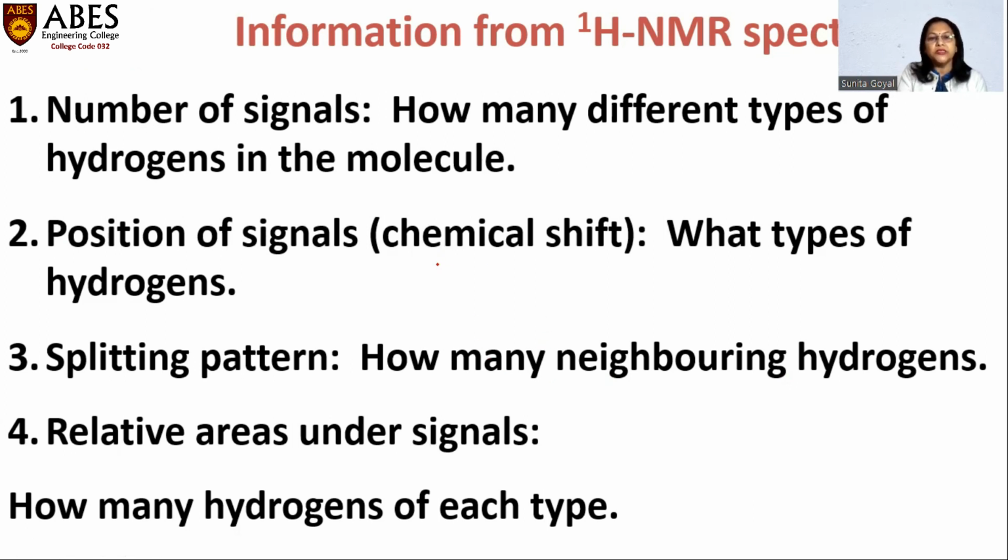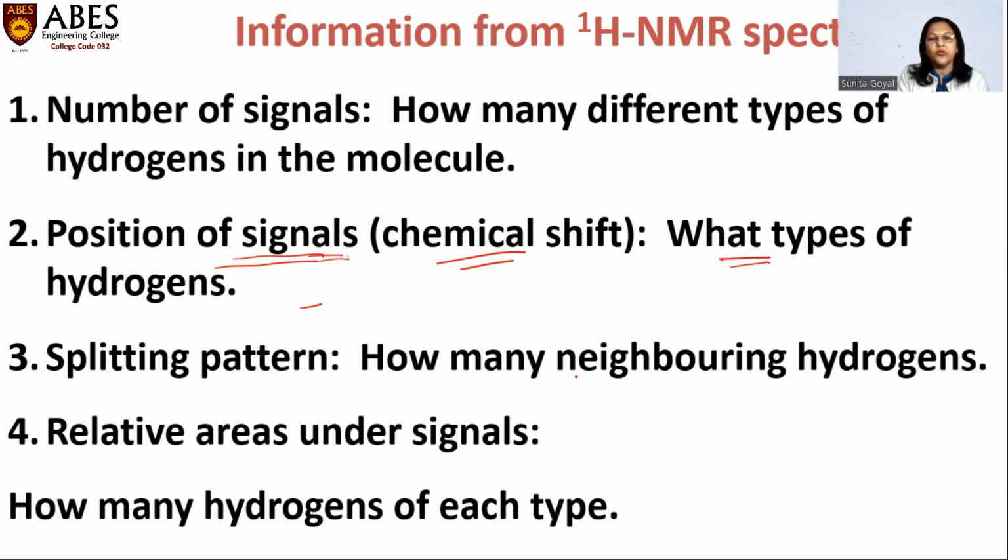Now the chemical shift we'll discuss in part 2, but the chemical shift is known by the position of the signals on the spectrum, and that will tell us what type of hydrogen it is, whether it is alcoholic, or methylene, or an alkyl proton.